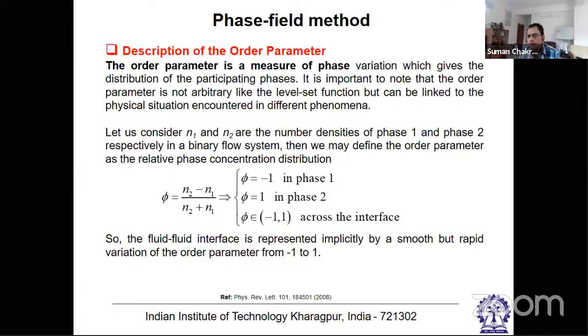So if you define phi, which is called the phase field parameter or order parameter, as N2 minus N1 divided by N2 plus N1, then phi is equal to minus 1 when N1 is equal to 1 and N2 is equal to 0, and phi is equal to plus 1 when N2 is equal to 1 and N1 is equal to 0.